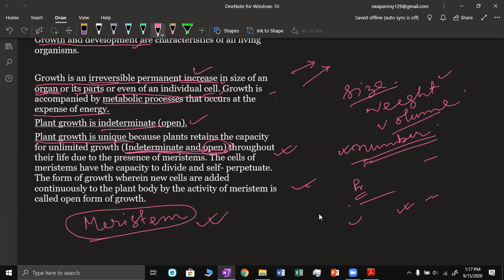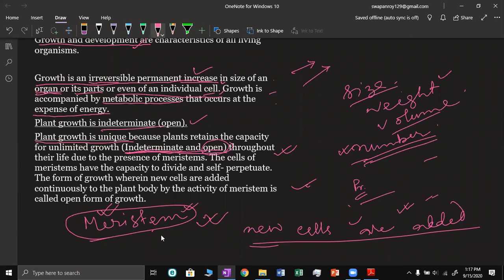Meristem is the tissue where the constituent cells divide and produce new cells, so by its activity new cells are always added.